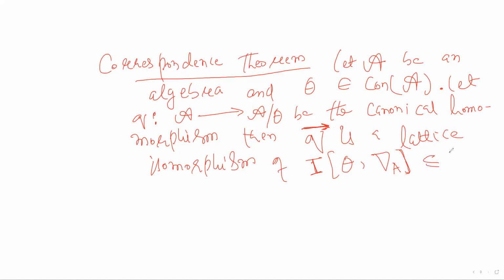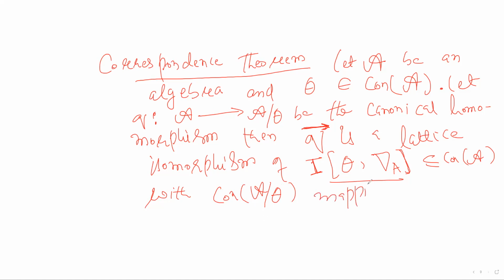This lattice is of course contained in the lattice of congruences of A. So from this lattice to the lattice of congruences on A by theta, mapping psi to psi by theta. Okay.